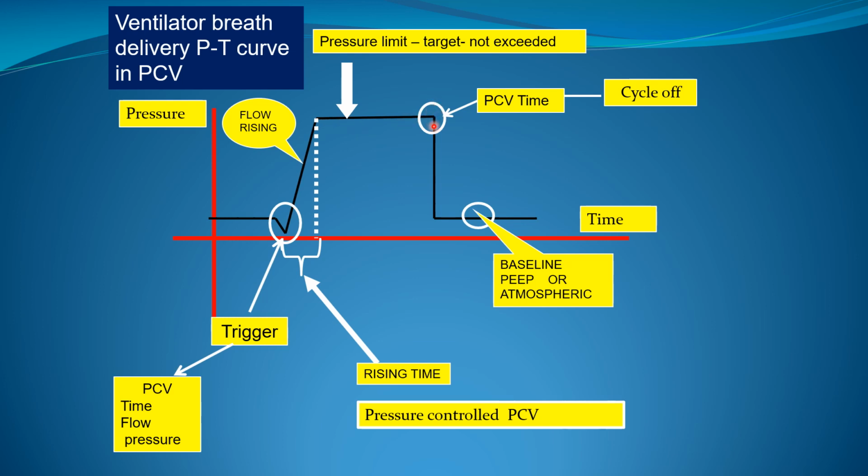By the end of inspiratory time, the demand valve will close to end this inspiration. And at the same time, the exhalation valve will open for the release of this delivered tidal volume. And the pressure will drop till it reaches the PEEP where it closes.